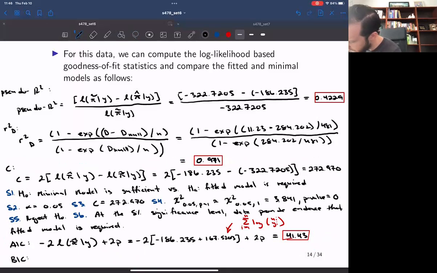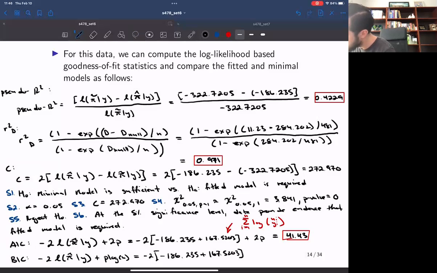So with the BIC, we have -2 log likelihood of pi hat given y plus p log n. So this is going to be -2 times -186.235 plus 167.5203 plus 2 log 481.